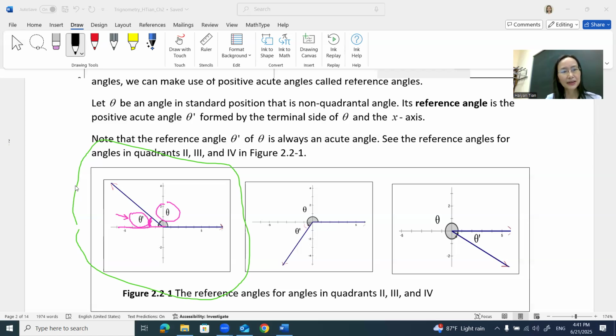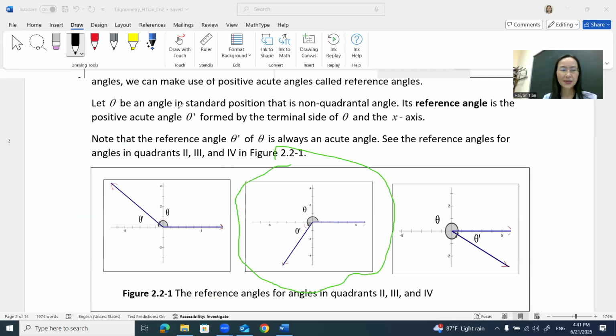Okay, let's look at another case. Suppose it is an angle in the third quadrant. This is an angle in standard position. So theta is given here. This is the angle theta in the third quadrant. And what's the reference angle for this angle theta?